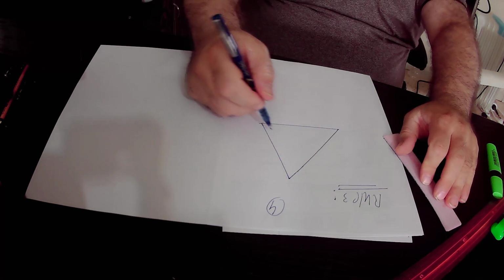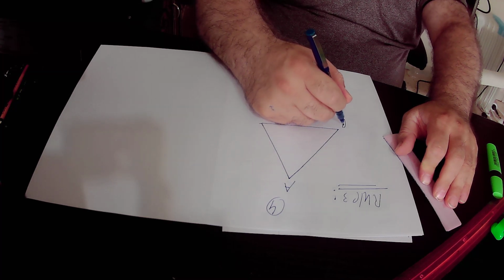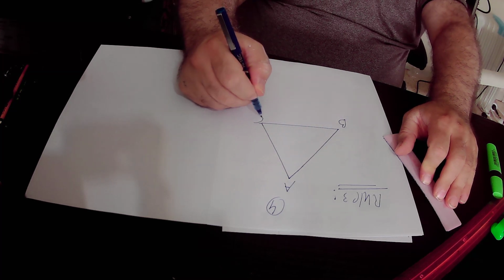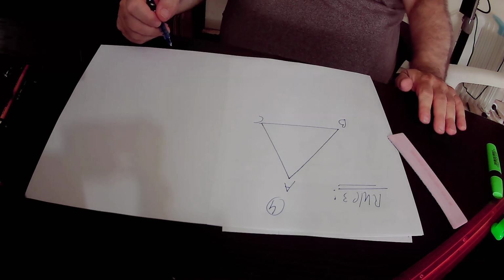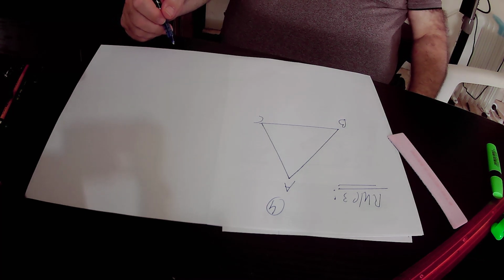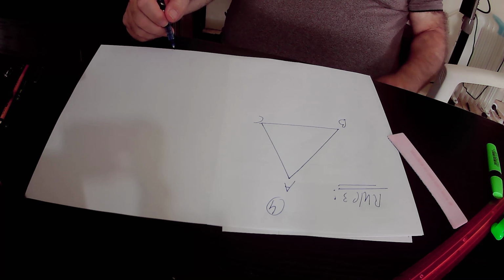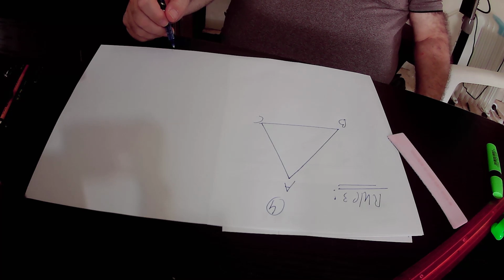So here we have triangle ABC that could be any triangle. And of course in this triangle ABC, we have to have an angle bisector. We can implement any rule that is related to the angle bisector only if we have in the triangle an angle bisector.